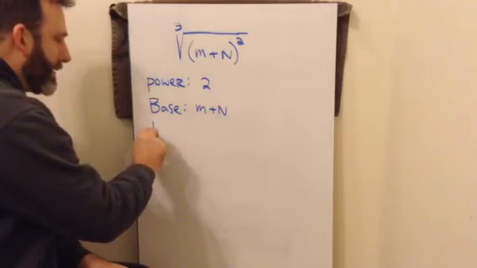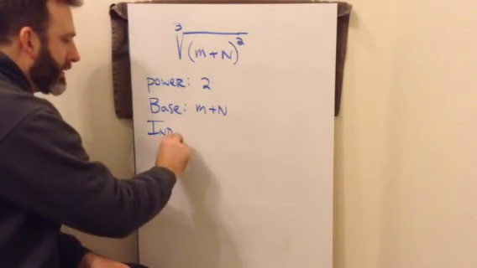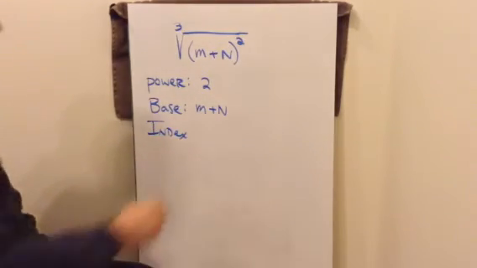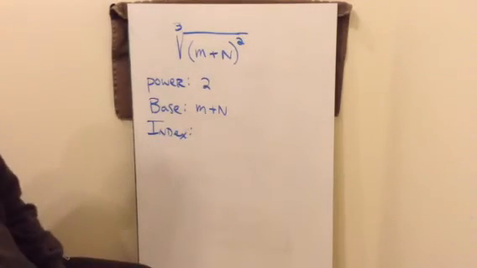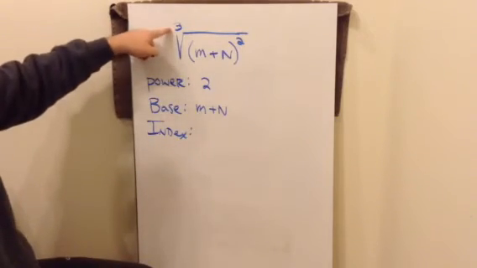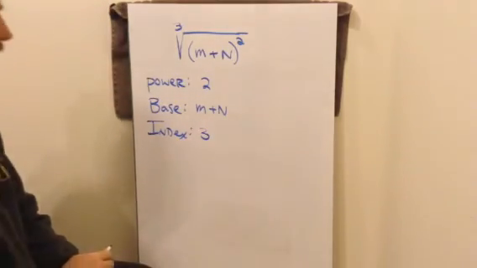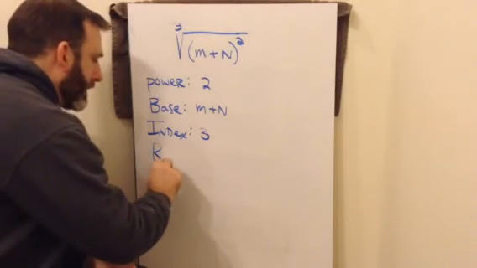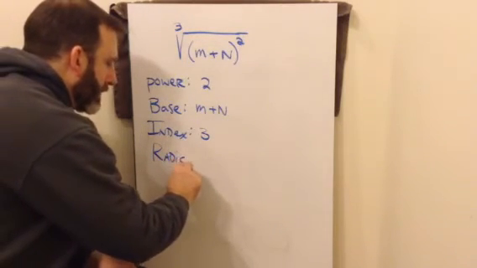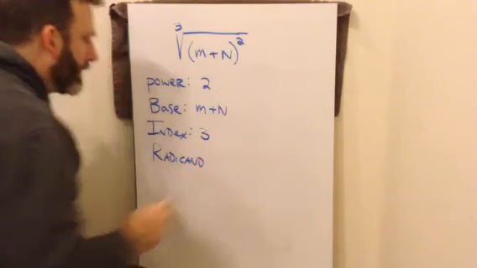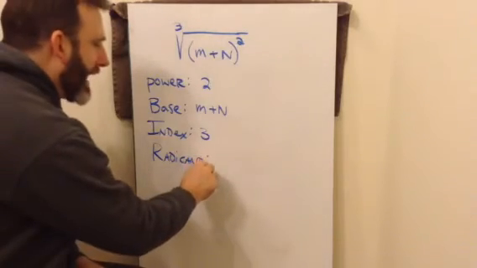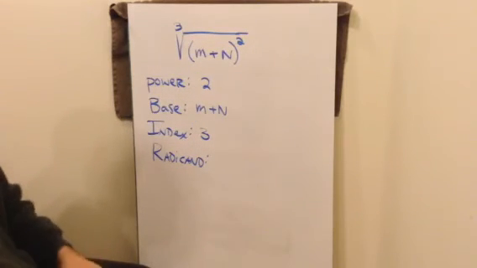The index, if asked, hopefully you start saying, well, that was there, so that's 3. And then the radicand. The radicand is the entire expression under the radical symbol.